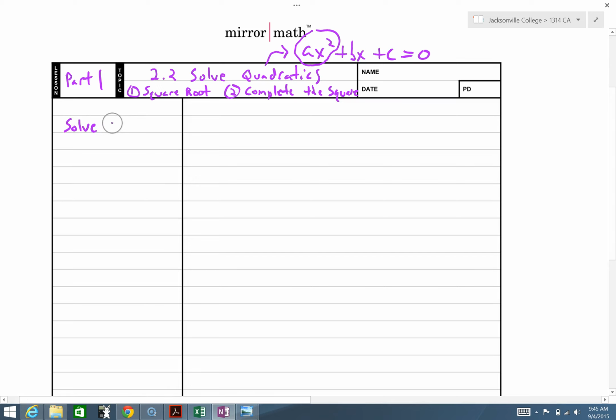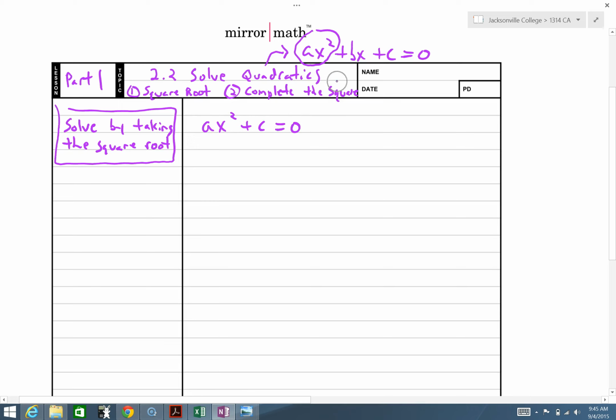Solve by taking the square root. All right. First of all, when we solve by taking the square root, we're going to need quadratics that are in the form ax squared plus c equals 0.